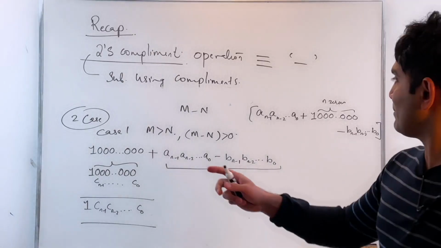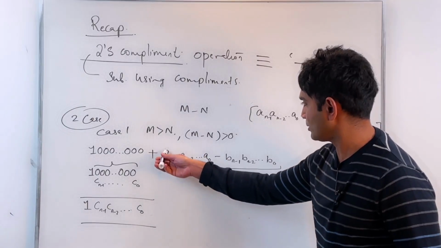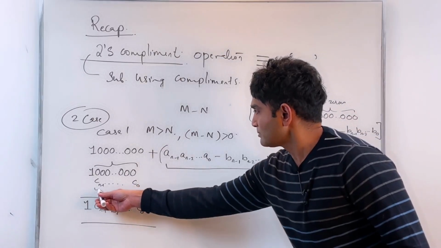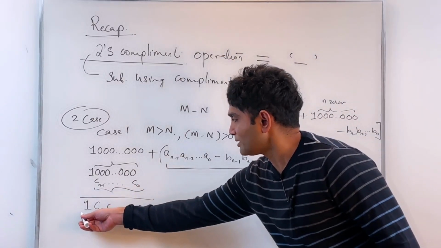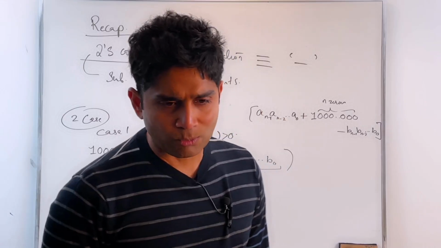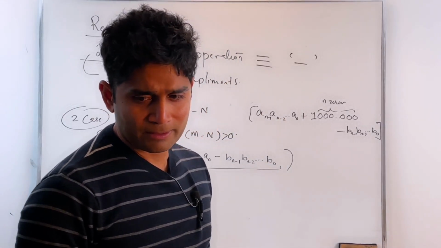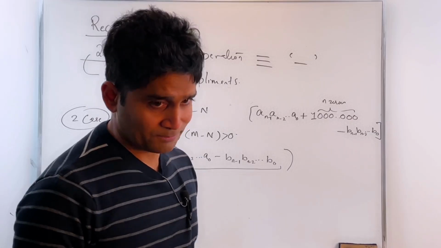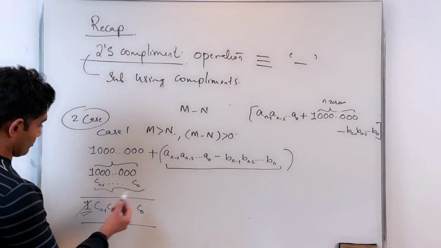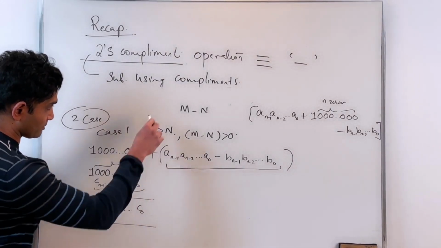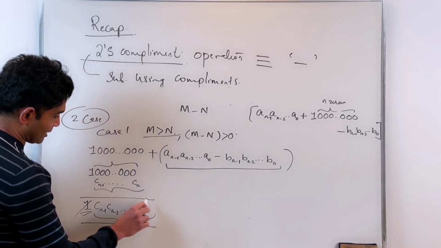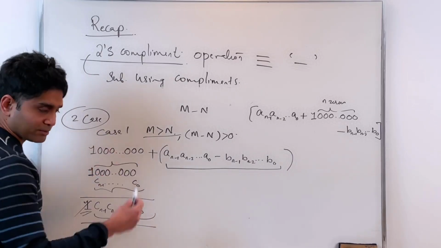I want basically M minus N, which is this number. I'm getting an additional 1 here. Do you see that? Do I need that additional 1? I don't, right? As far as this operation is concerned, I'm basically interested in this answer. I'm getting this additional 1. I would just cancel that.